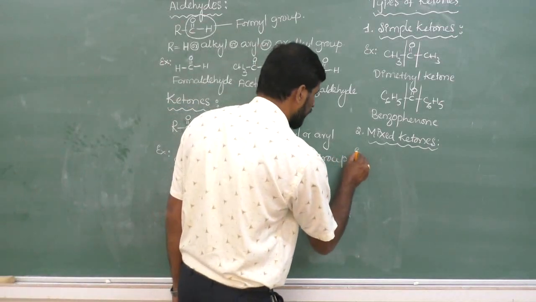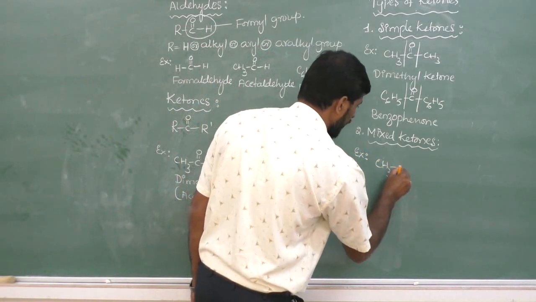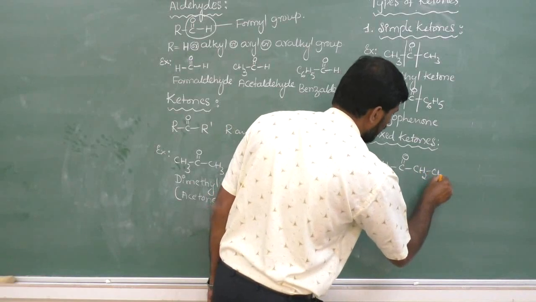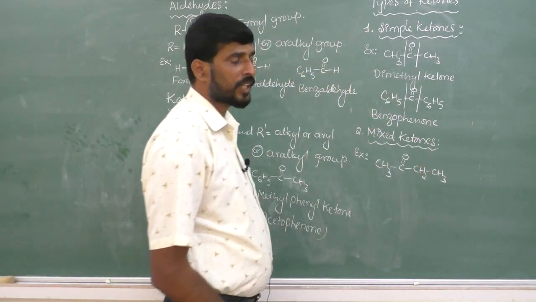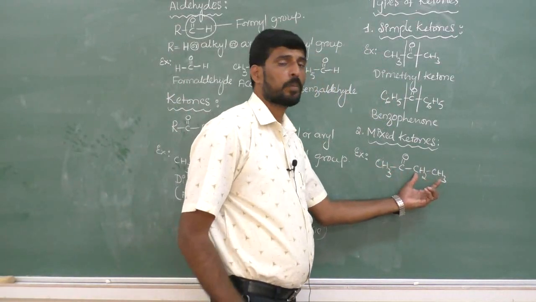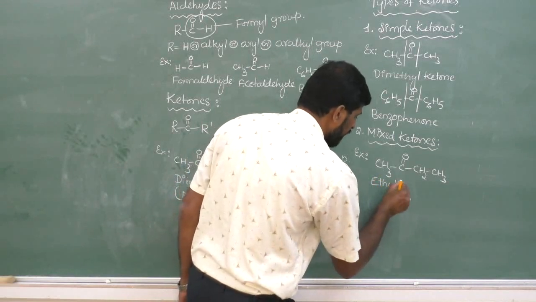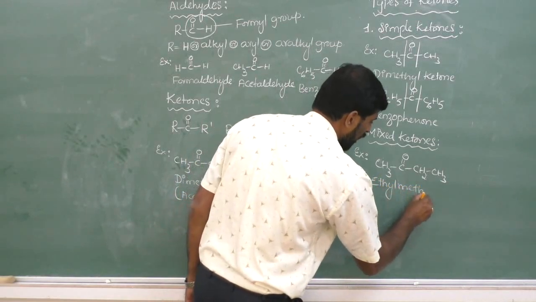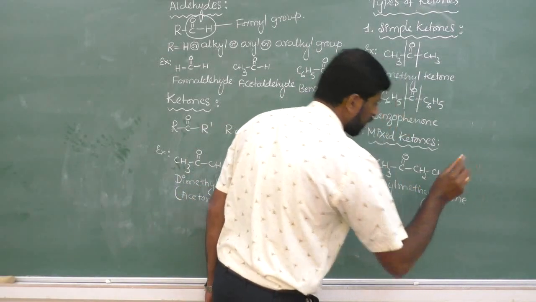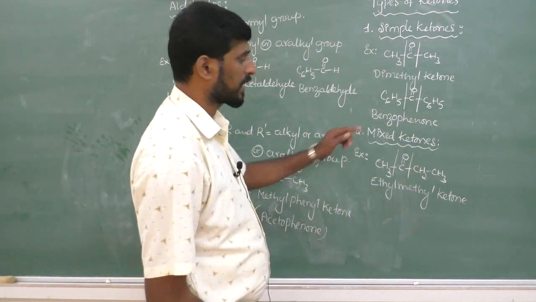So, for example, CH3COCH2CH3. Now, observe this. On this side, a methyl group is present, on this side, an ethyl group is present. So, this is nothing but ethyl methyl ketone. Okay. So, this is an example of a mixed ketone.